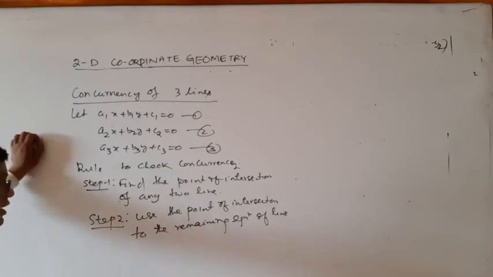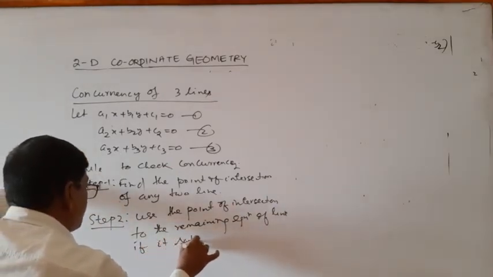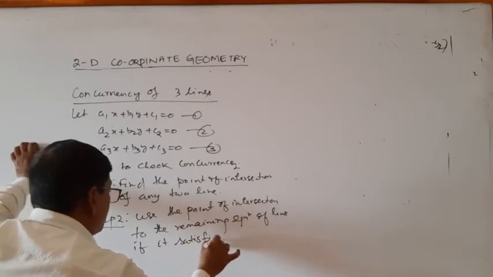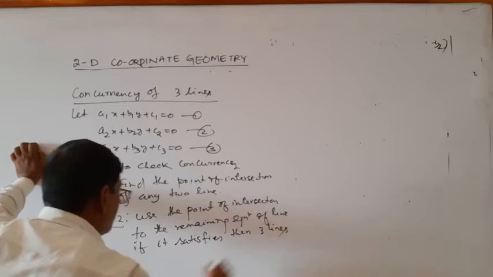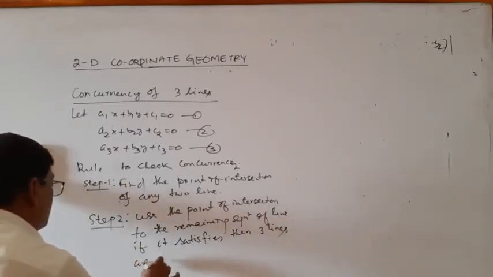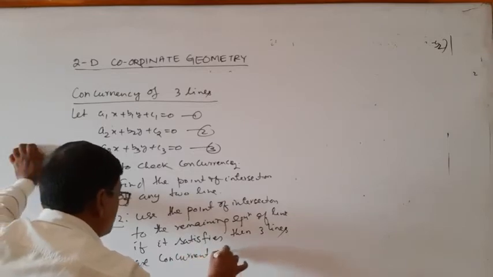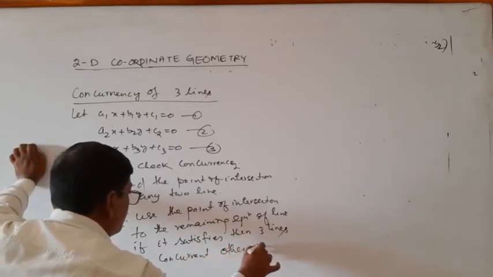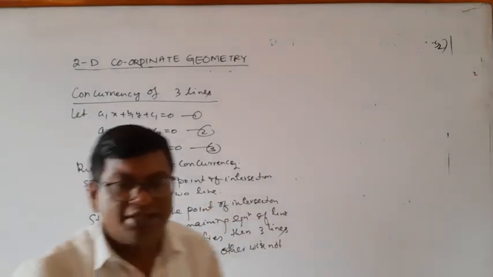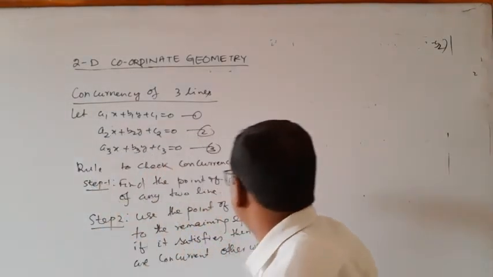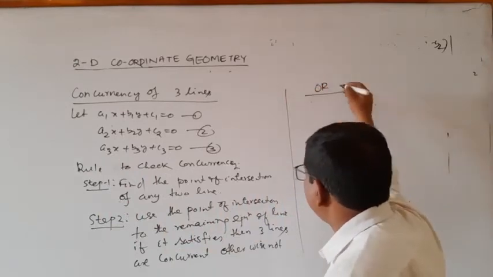If it satisfies, then the three lines are concurrent. Otherwise not.